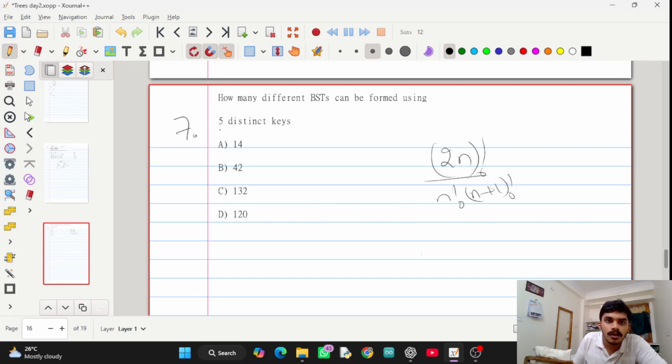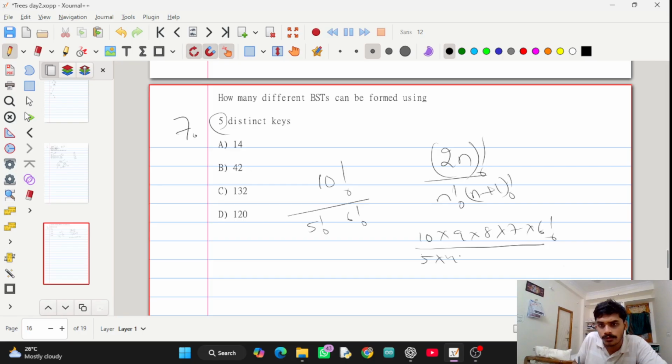So now we have n as 5. So 10 factorial divided by 5 factorial into 6 factorial. Let's expand this: 10 into 9 into 8 into 7 into 6 factorial divided by 5 into 4 into 3 into 2 into 6 factorial.